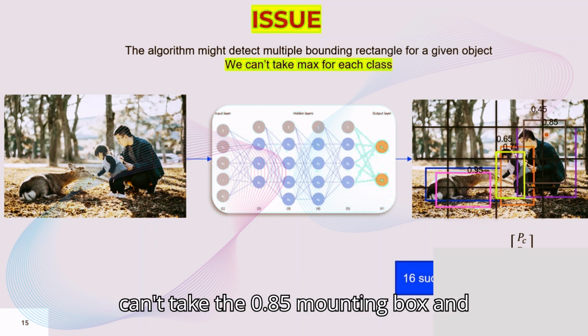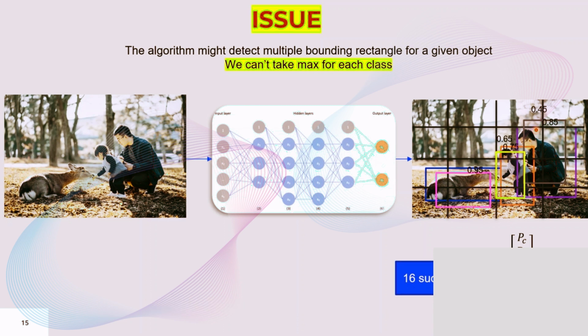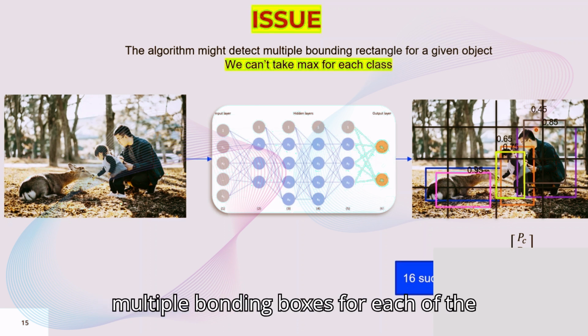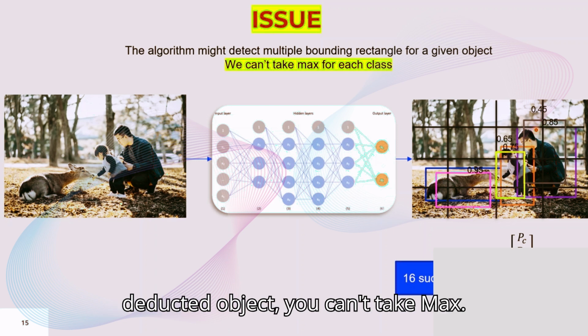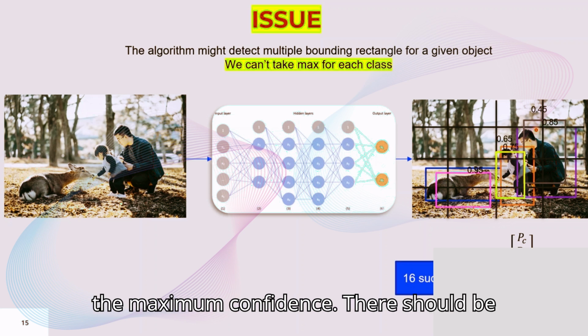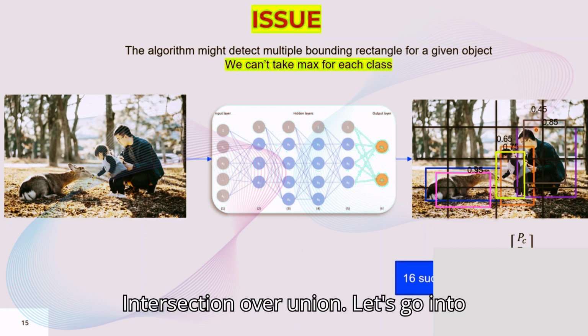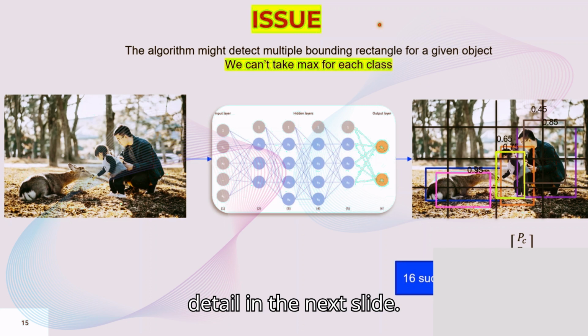And for the person, we can't take the 0.85 bounding box and remove the 0.45 bounding box. So when you have multiple bounding boxes for each detected object, you can't just take the box with the maximum confidence. There should be another way, which is IOU. IOU stands for intersection over union. Let's go into detail in the next slide.